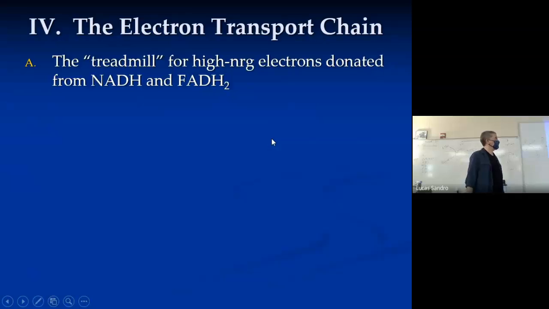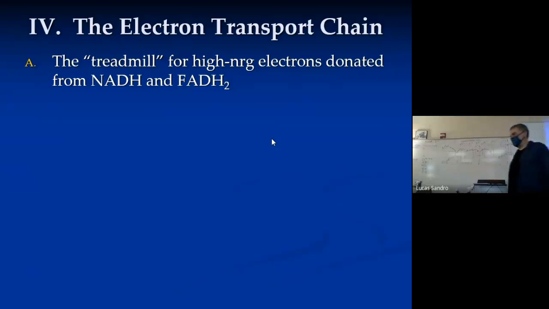So, if you think of the electron carriers as the babysitters, this is the treadmill that powers your house for a week when you drop your little hyperactive brother on it. And it really does make a ton of ATP.